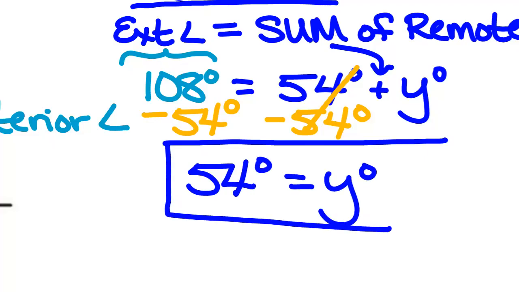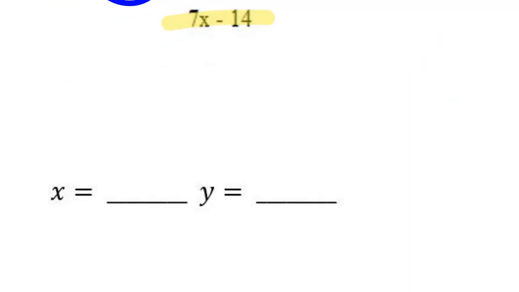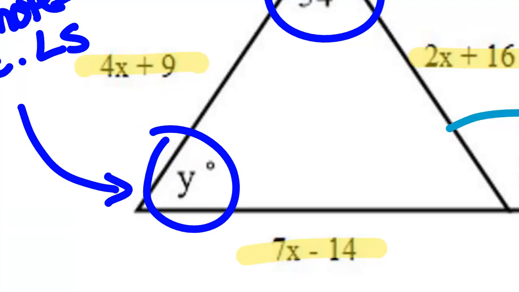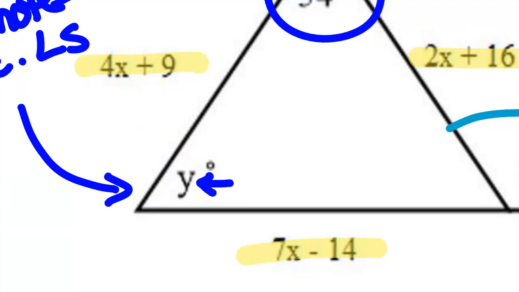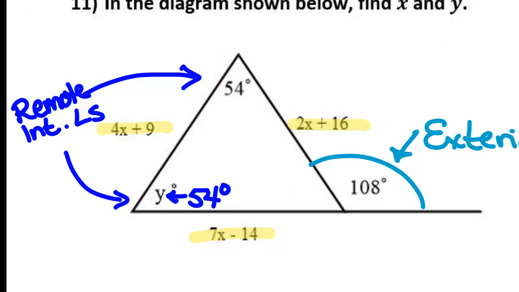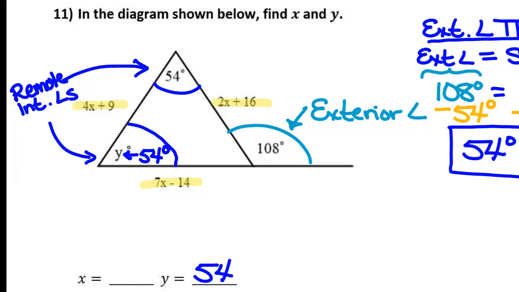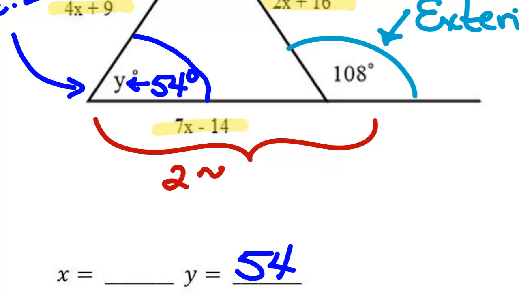So y is 54. Well, if y is 54 degrees, and this other angle that they gave us is also 54 degrees, I have two congruent angles inside this triangle. So what kind of triangle is this? This has to be an isosceles triangle. Two congruent angles means it is an isosceles triangle.